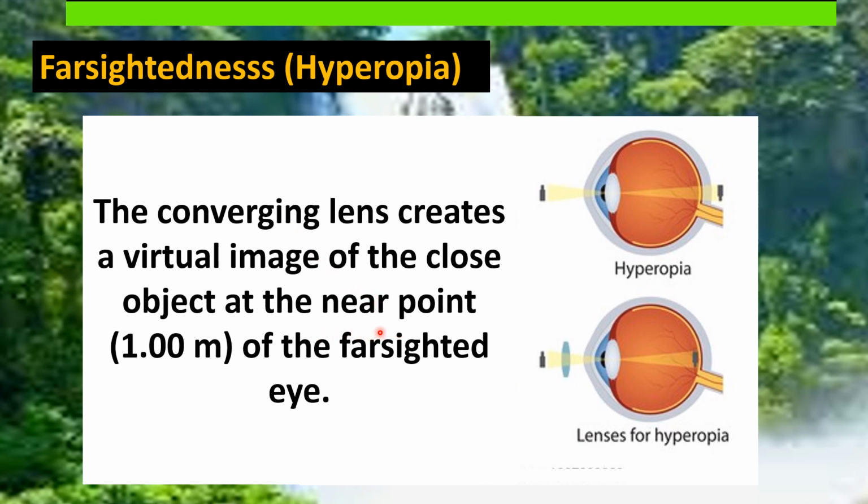Take note, the converging lens creates a virtual image of the close or near object at the near point. And in this problem, the near point is equal to 1.00 meters.